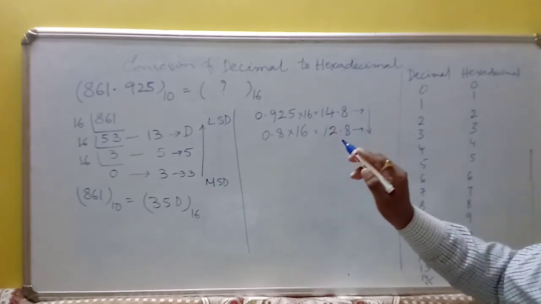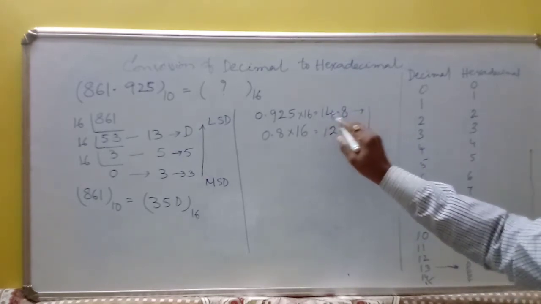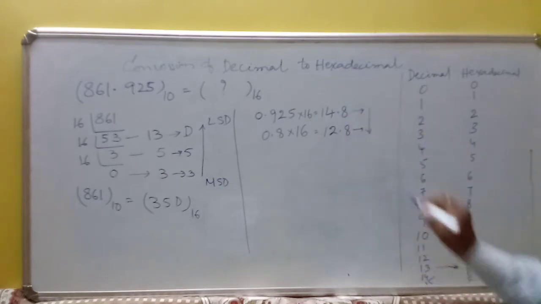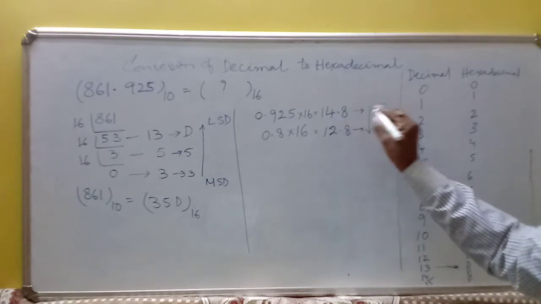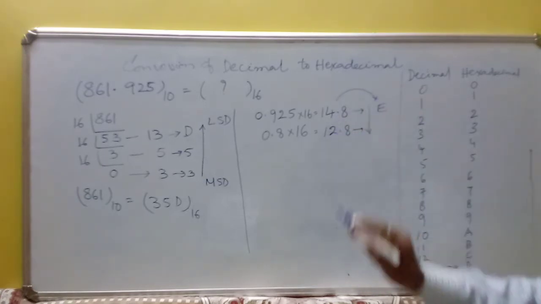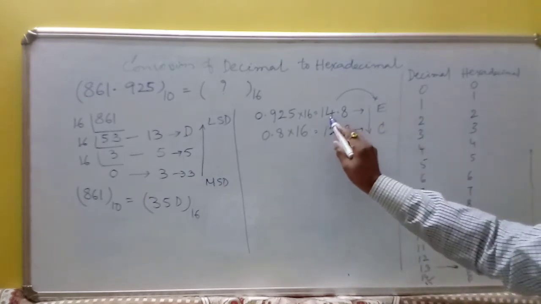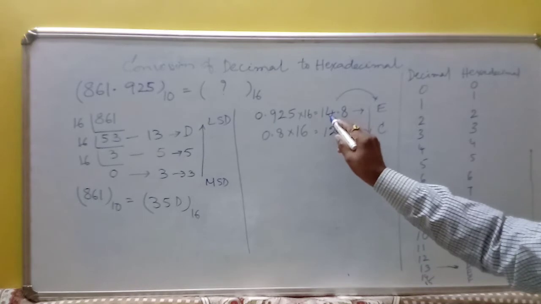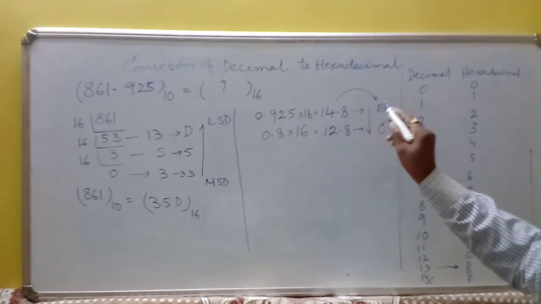Here what is the integer? 14. The 14 is equal to the hexadecimal number E. And this 12 is equal to C. You have to convert these decimal integers into their equivalent hexadecimal.